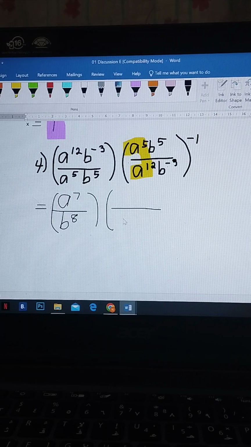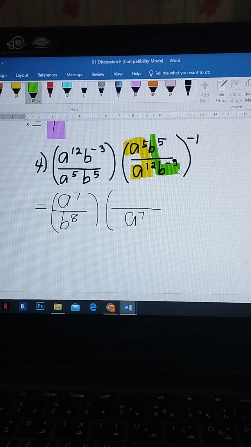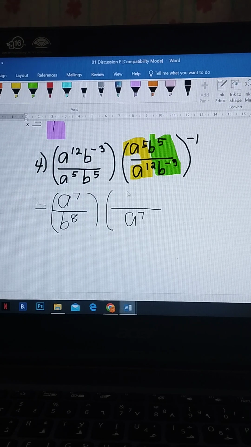So that is a raised to 12 minus 5, which is equal to a raised to 7, while b raised to 5 over b raised to negative 3, the exponent of the numerator is greater, so that is b raised to 5 minus negative 3, equal to b raised to 8. Raised to negative 1.